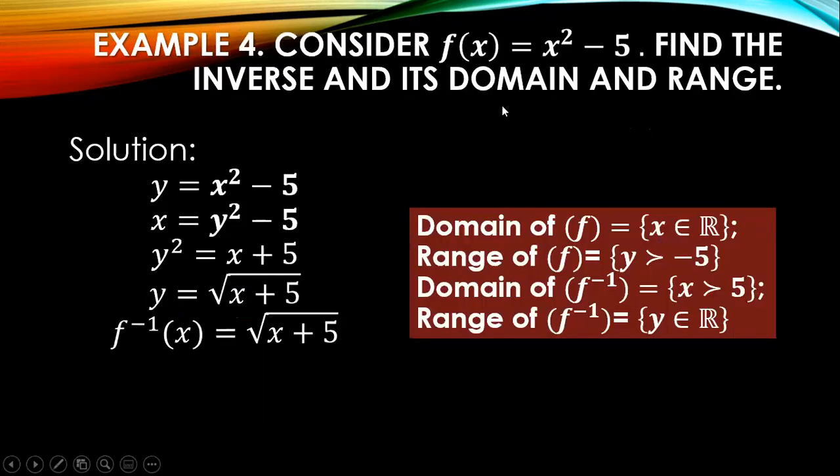Now, we have x squared minus 5. So, find the inverse and its domain and range. So, for the domain, kahit ano namang i-substitute natin sa x, di ba? Meron tayong corresponding y value.